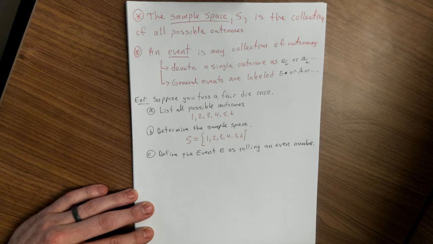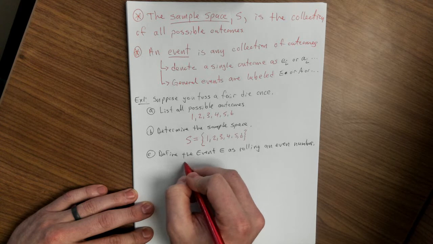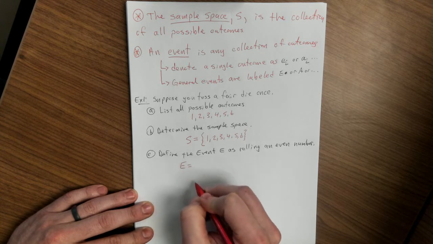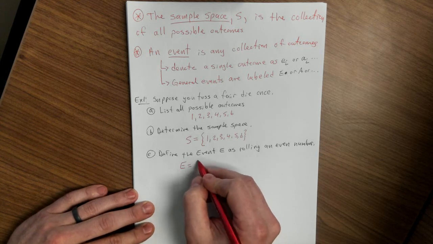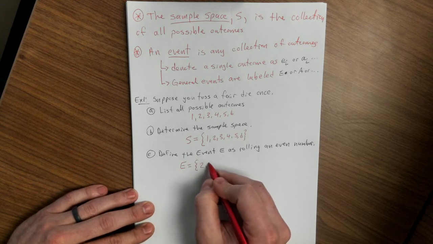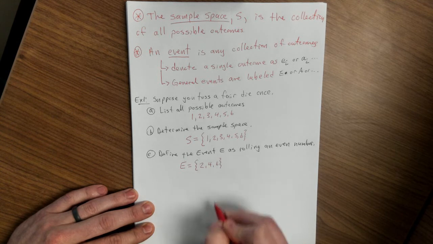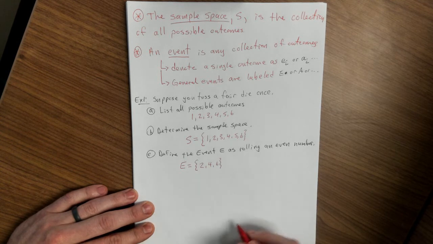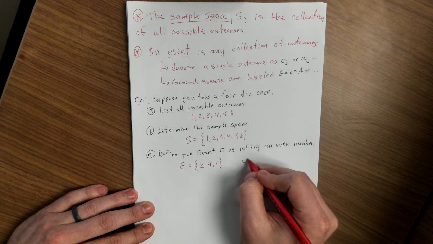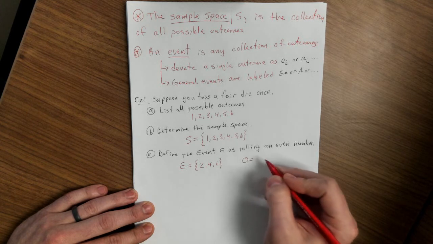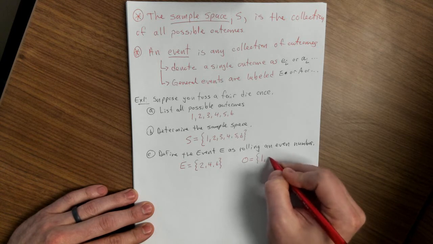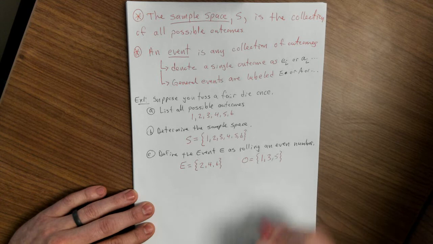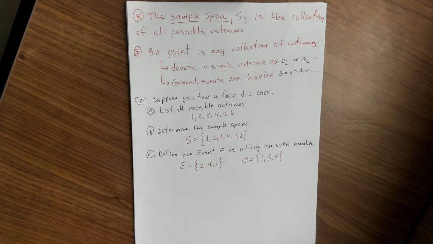All I'm saying is label all the even numbers as E. It's very similar to the sample space. Now I'm just creating a subset of the sample space, and I'll just list the even numbers. If we wanted to do the odd, I could label it as O. O is sometimes bad to use because it can look like 0, but I'll do it here anyway: 1, 3, and 5. So that's how we label those types of things.